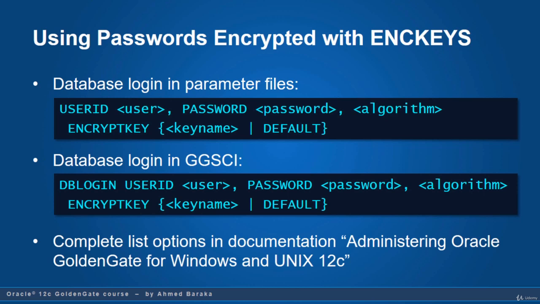You pass the encrypted password to this command the same way you passed the encrypted password to the user ID parameter. Encrypted password can be used in any command that requires a password. You can see a list of all the commands where you can use the encrypted passwords in the documentation mentioned in the slide.